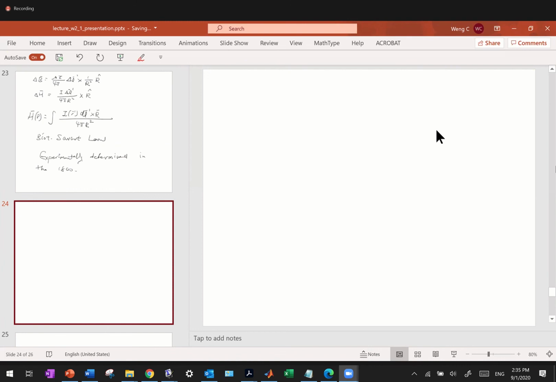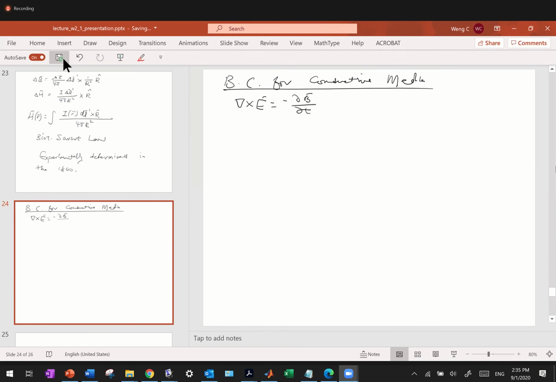So what about boundary conditions on a conductive medium? If we have a conductive medium, we have to modify Maxwell's equations accordingly. We have this Maxwell's equation for electrodynamics, and then we have this other Maxwell's equation, Ampere's law for electrodynamics.